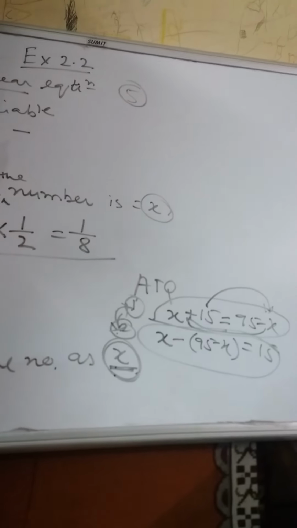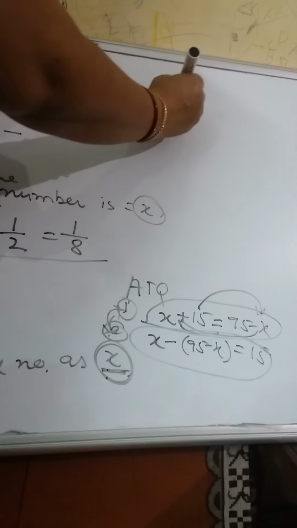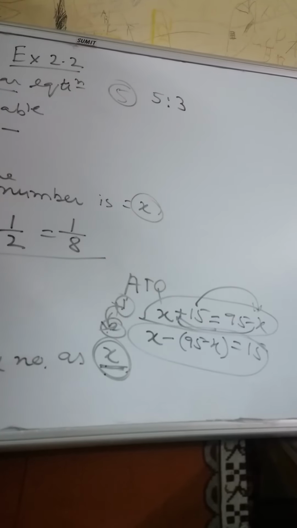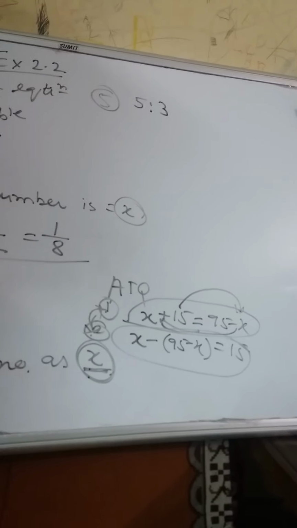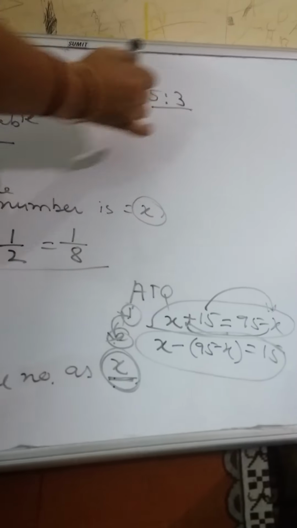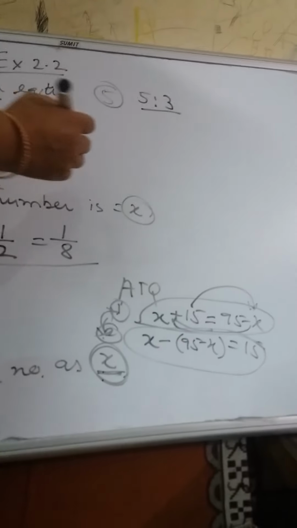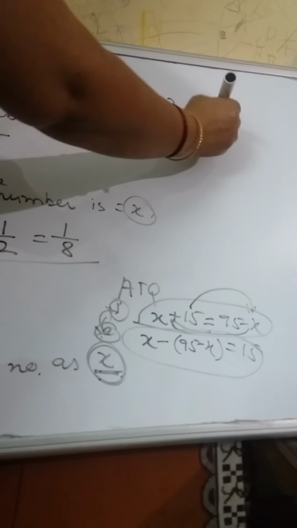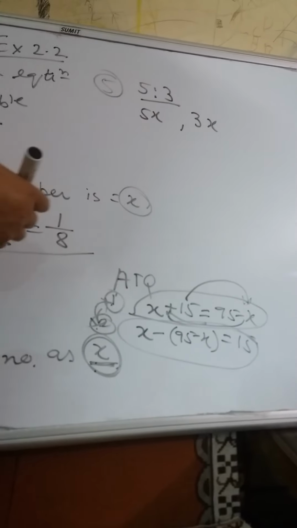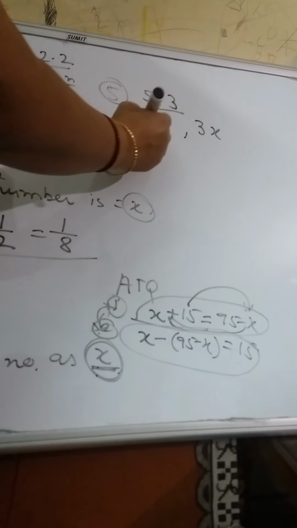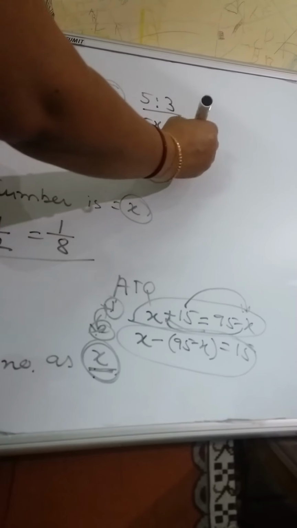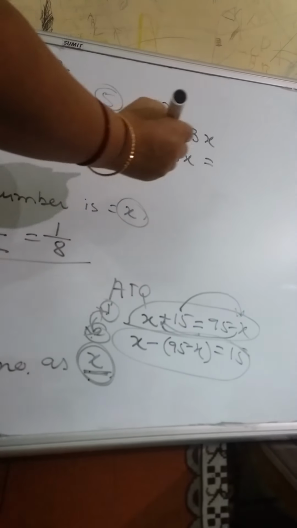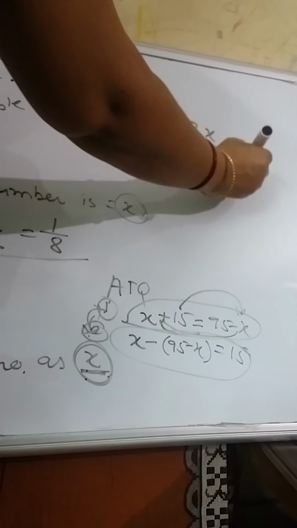Two numbers are in the ratio 5:3. If they differ by 18, what are the numbers? That means ratio is given, so say one number will be 5x and another number is 3x. Their difference, 5x minus 3x, is 18.